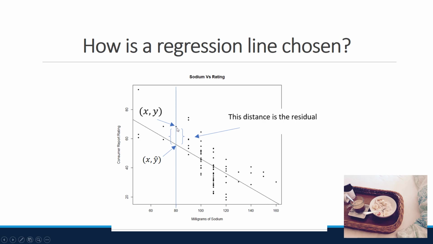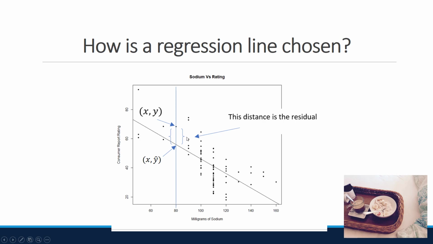Looking at this data point right here, this data point is given by x, y, where y is its actual observed value. If we look at the distance from this point to the line, that distance is the residual for that point. The goal is to make all the residuals as small as possible. We can do this by drawing the regression line, again known as the least squares line, which minimizes the sum of the squared residuals.